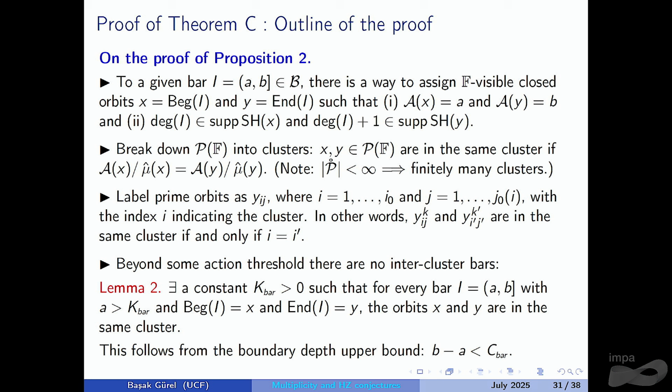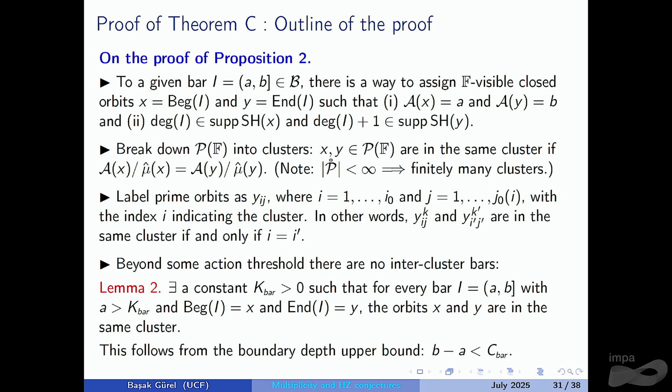And then you prove the following lemma. It's rather, again, easy to believe, which says that if the beginning point of your bar is above a certain threshold, then the orbits actually belong to the same cluster.